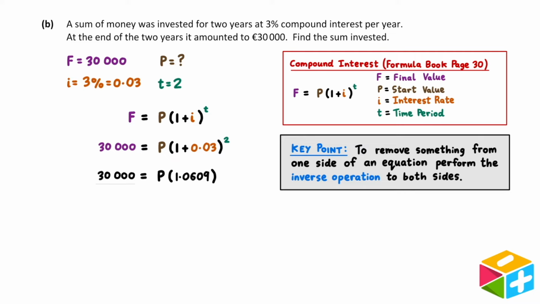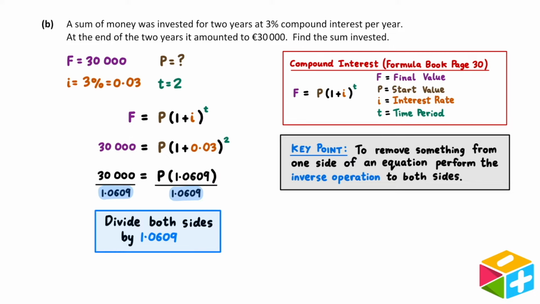The most important thing to remember when solving equations like these is the following. To remove something from one side of the equation, perform the inverse operation to both sides. On the right-hand side, we have our P, but it's being multiplied by 1.0609. To remove this multiplication, we must do the inverse, which is division.